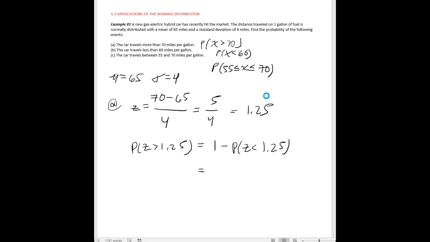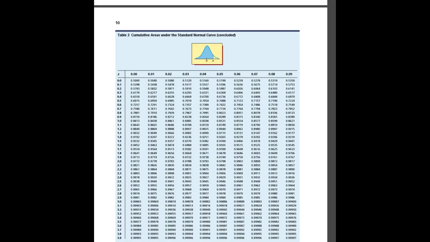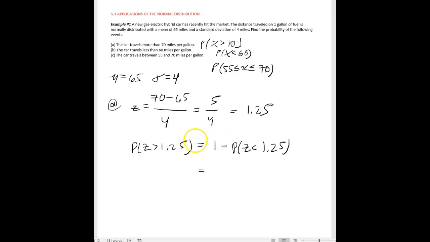So we go to our table, on the positive side, 1.2, 5: 0.8944. So we have 1 minus 0.8944 equals 0.1056. So that's our probability. That's our answer to A.